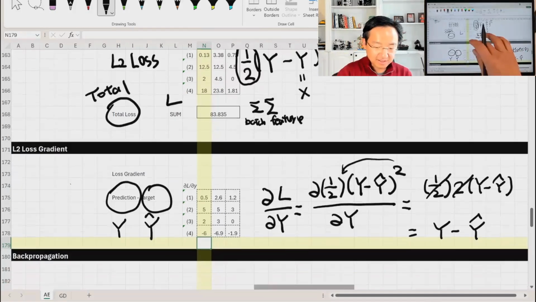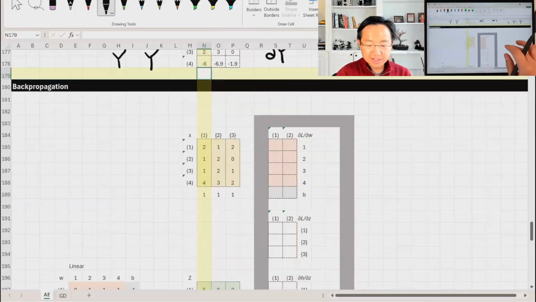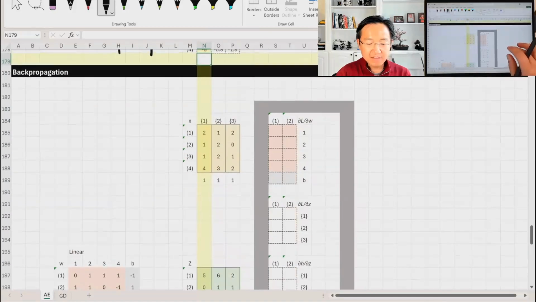Anyway, now we're going to get to a really seemingly tough topic called backpropagation. Today my goal is to help you build intuition that, if you put it in this matrix format, backpropagation is really not super hard.